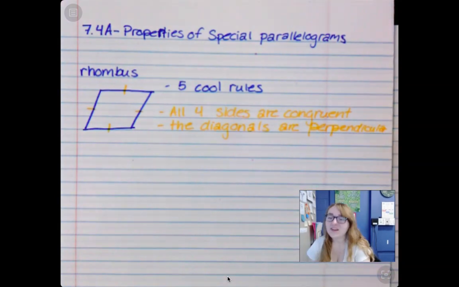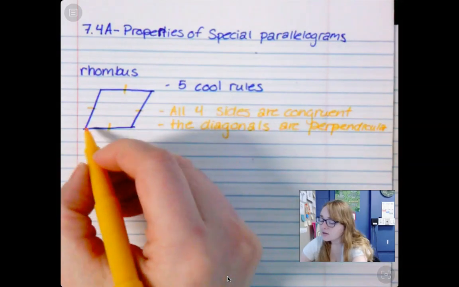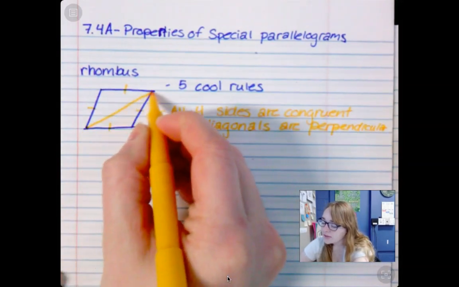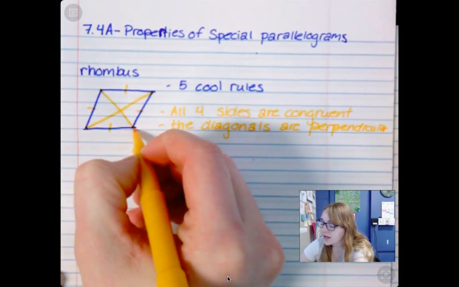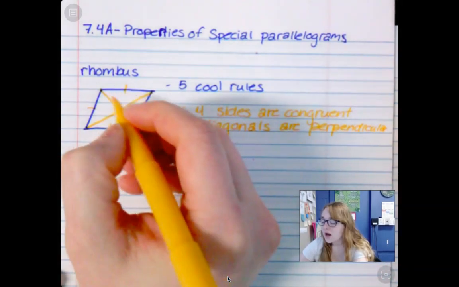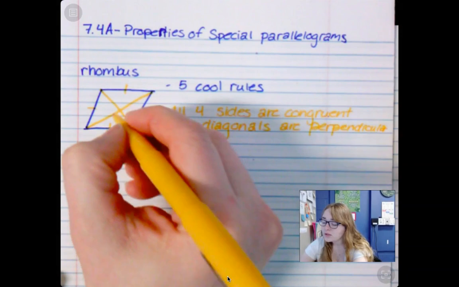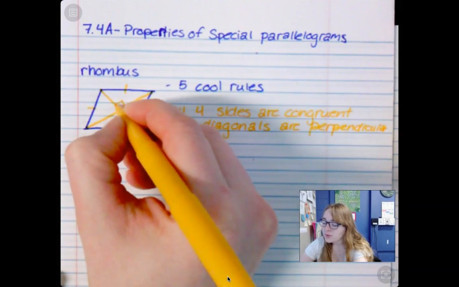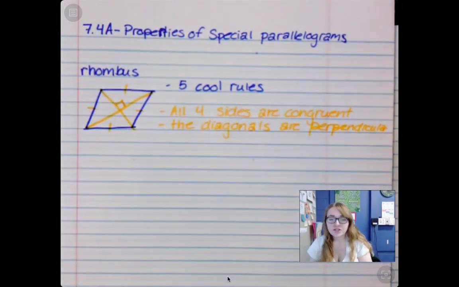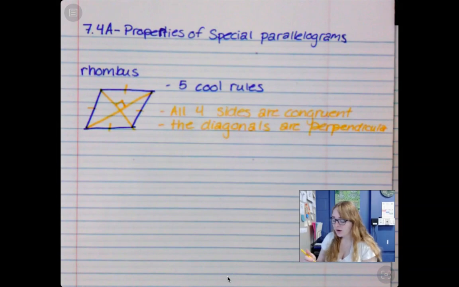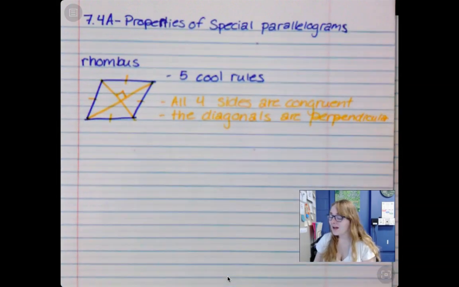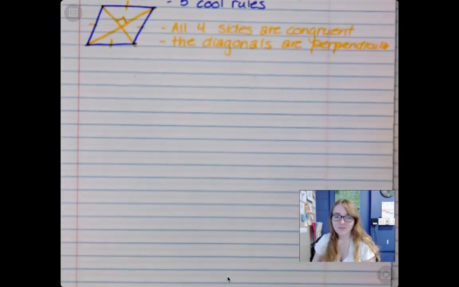Okay, so the diagonals, or the segments here that are connecting the angles that are not already connected, although they do bisect each other still, because that was one of our 5 cool rules, now they are also perpendicular. Okay, or they intersect at 90 degrees. All right, remember that this means that we would have the opposite reciprocal for our slope. We might have to test that out later.